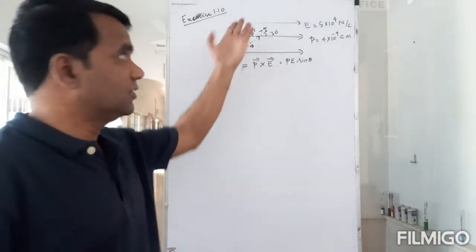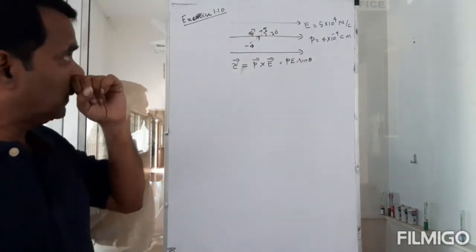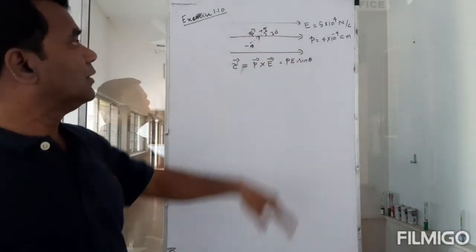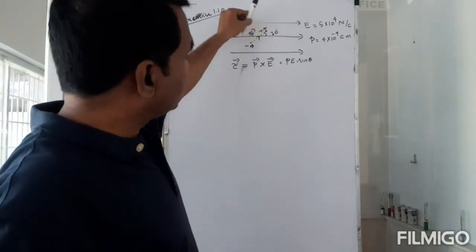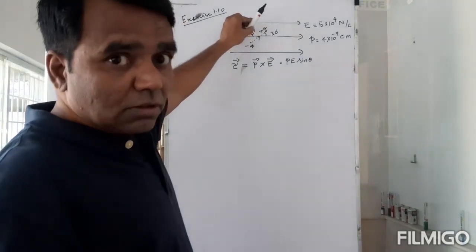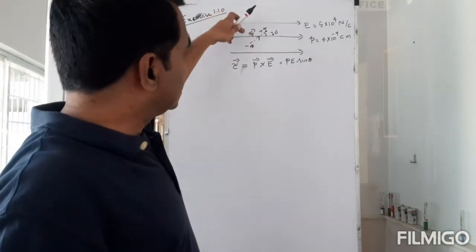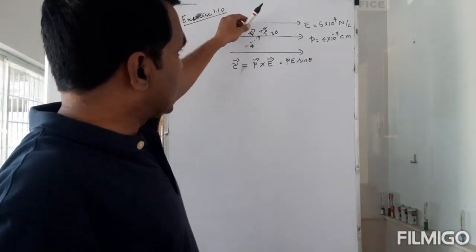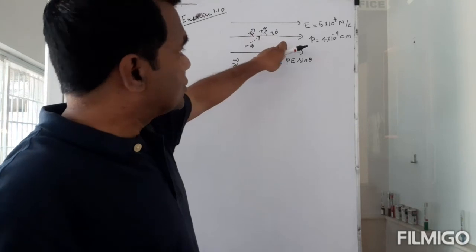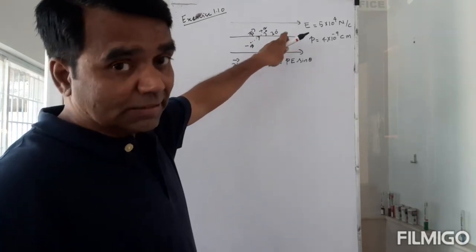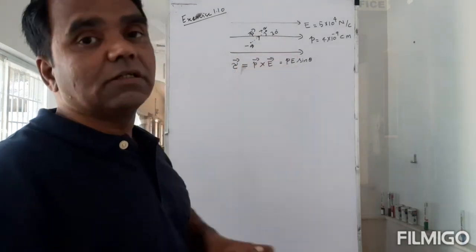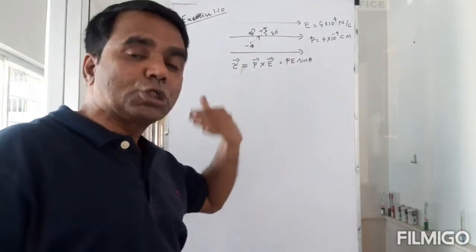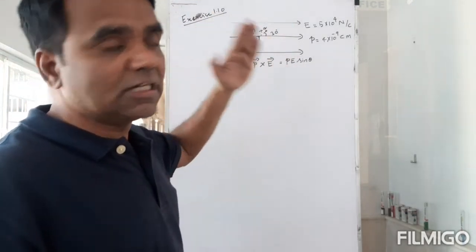But that's arbitrary anyway. Okay, so when the dipole which has a dipole moment P is at an angle 30 degrees to the external electric field which is uniform, then what is the magnitude of the torque experienced by the dipole?